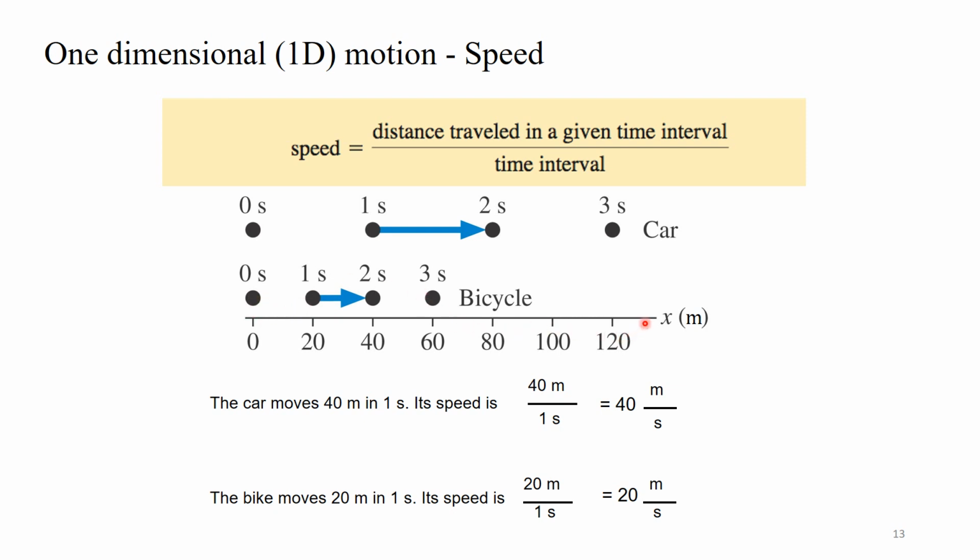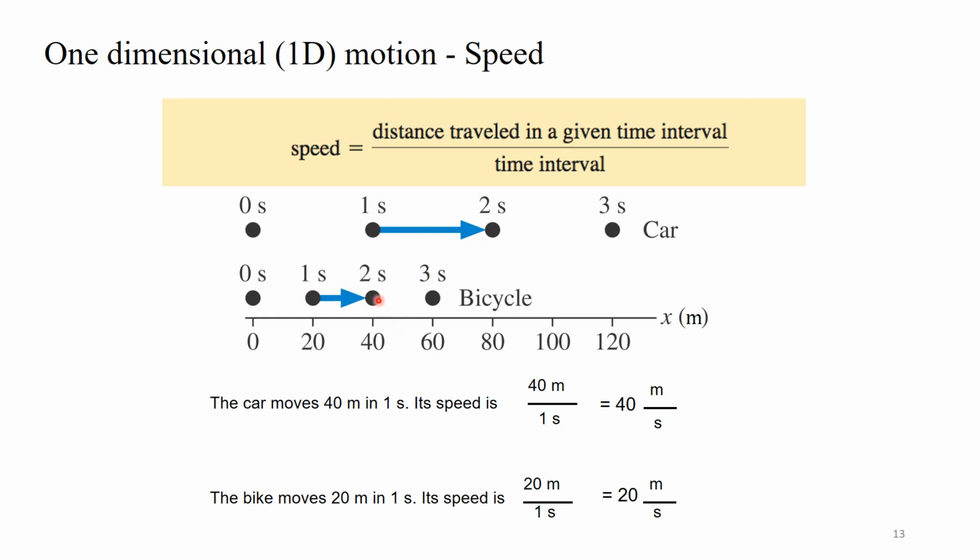And then we also have a one-dimensional coordinate system underneath. So we have the reference point 0. It starts where the car and the bicycle were located initially at time 0, so that's going to be a 0 position as well. And then using the coordinate system underneath, we can figure out the position of the car and the bike at different times.